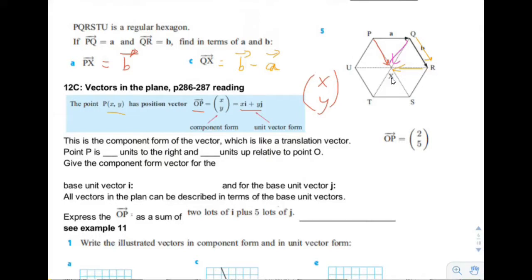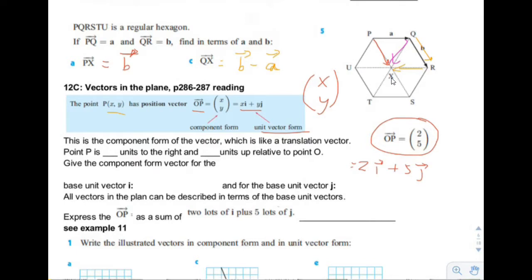And here's another example. This can also be written in unit vector form, so we could write this as 2i plus 5j. So that is also writing the same vector in a different way.